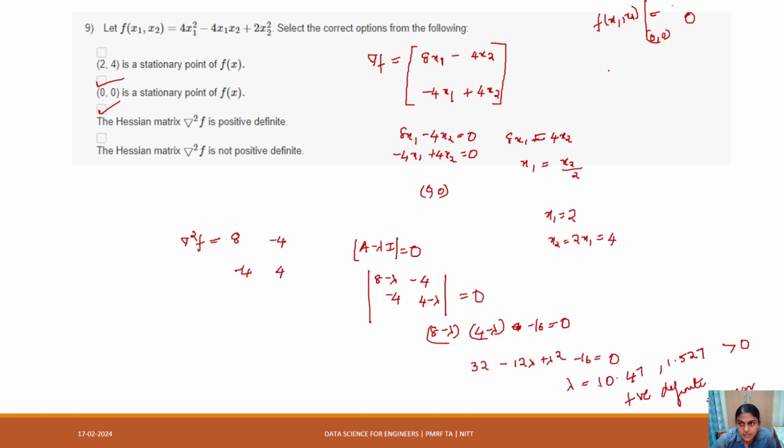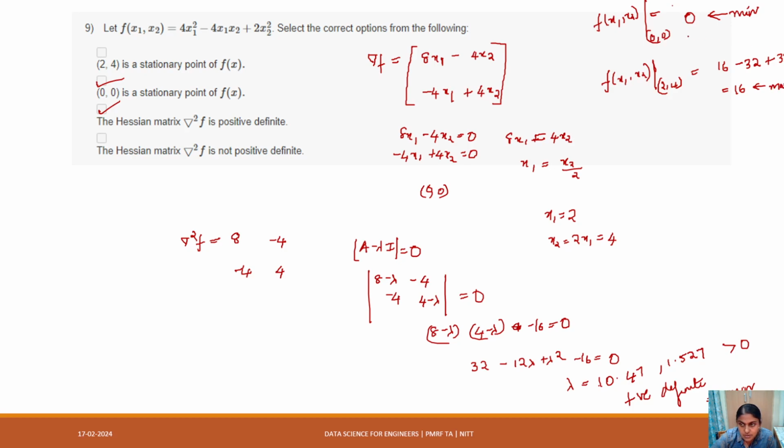Again for f of x1, x2 at, for example, 2, 4, you will get 16 minus 32 plus 32, which is 16. So among these values, which is the minimum? This is the minimum value. This will be the maximum value.